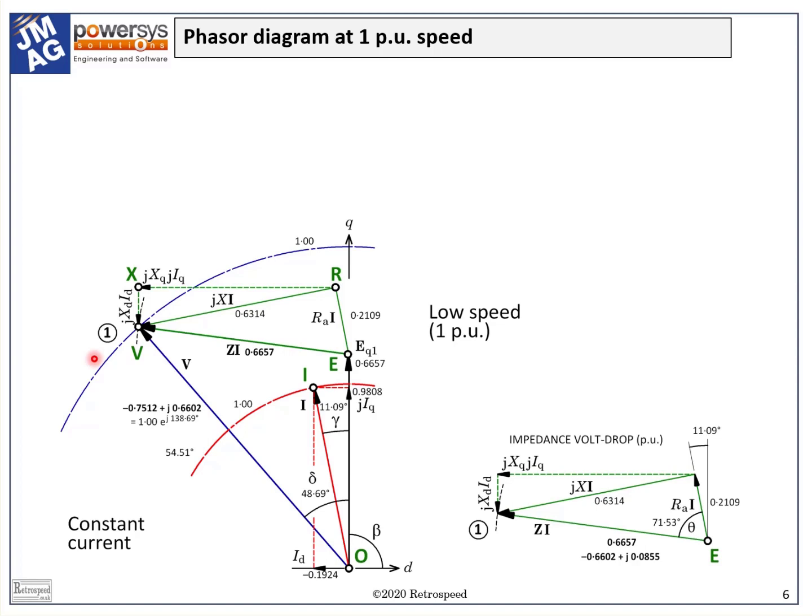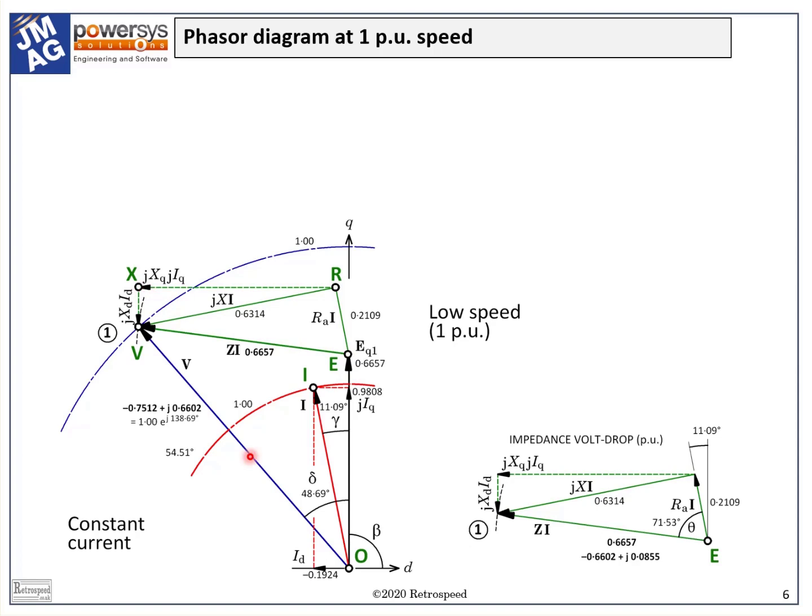We can see at the upper left that the phasor RV is resolved into two separate phasors, Rx and Xv. The first one is JXQ times JIQ, and the second one is JXD times ID. Since IQ is positive along the Q-axis, Rx is negative along the D-axis.